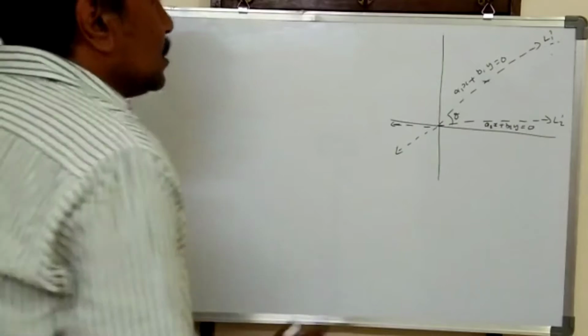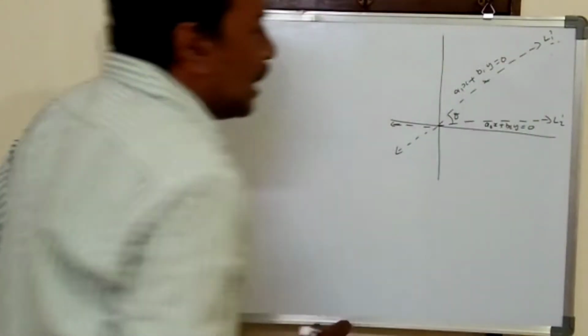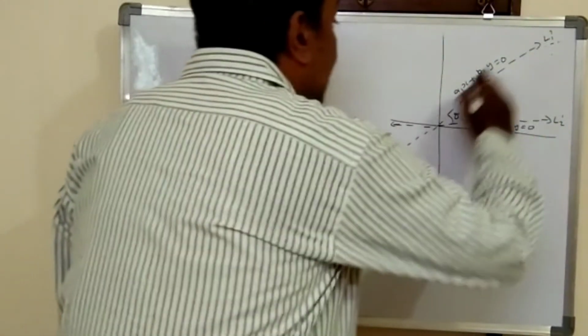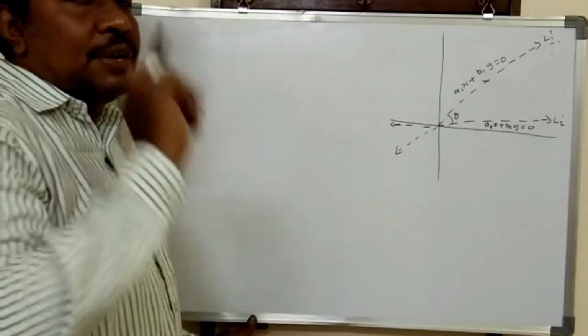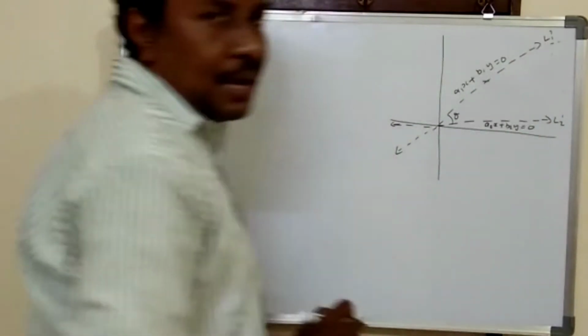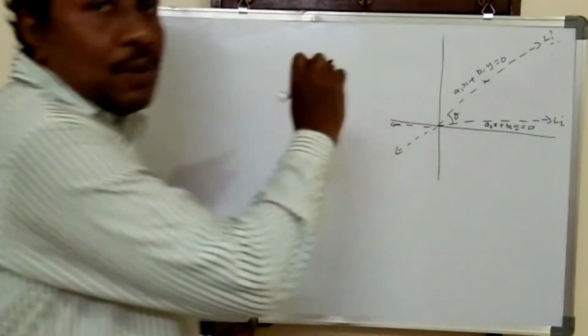First of all we will take this line. This line contains innumerable points. We need to find one point on this line, that is, the coordinates of that point.